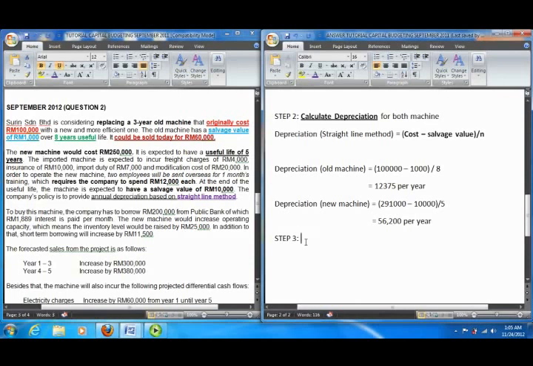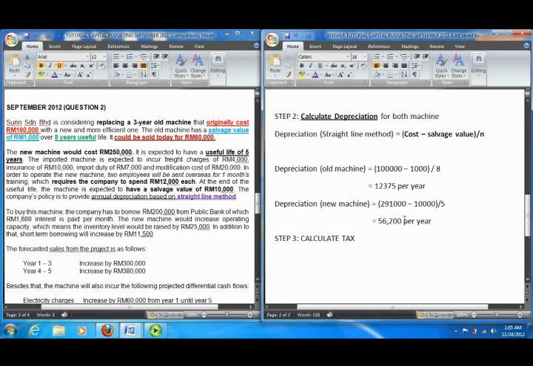Remember class, step 1, extract information. Step 2, calculate your depreciation. And step 3, calculate your tax. Alright, what is the formula to calculate tax, class?